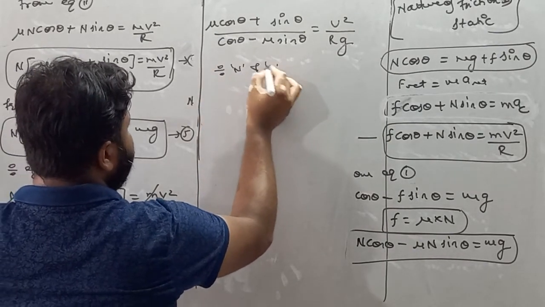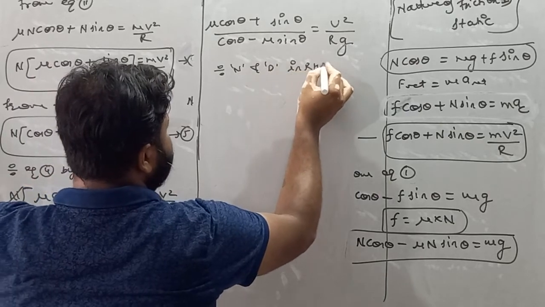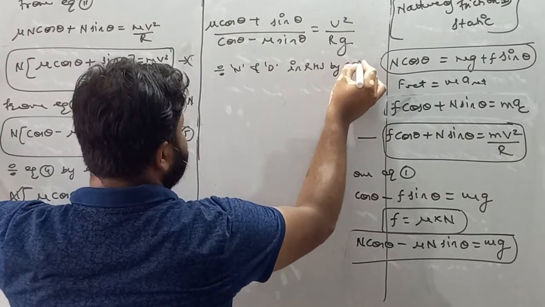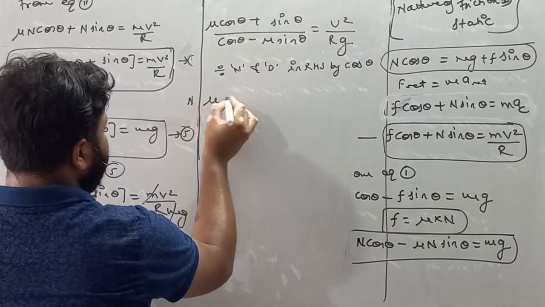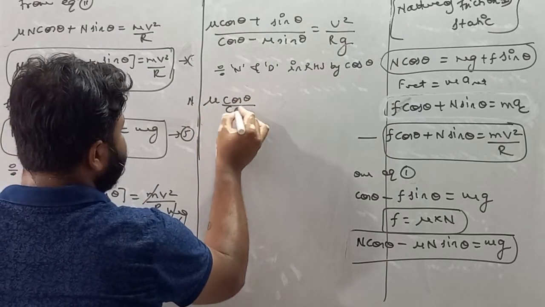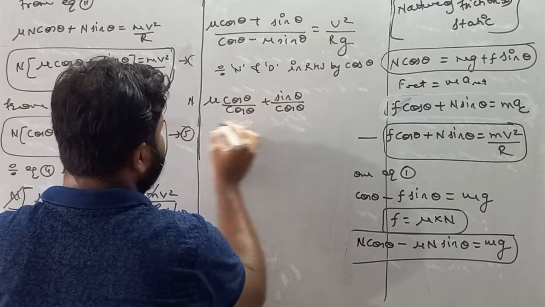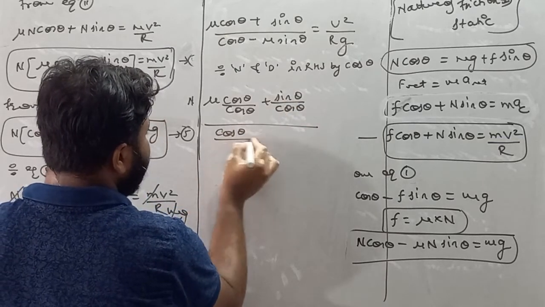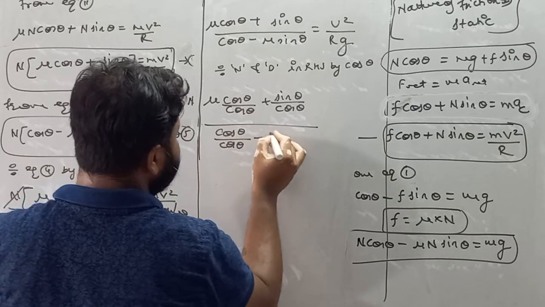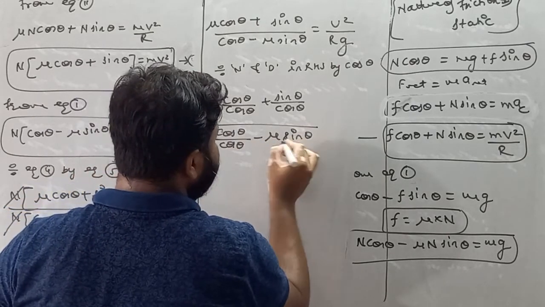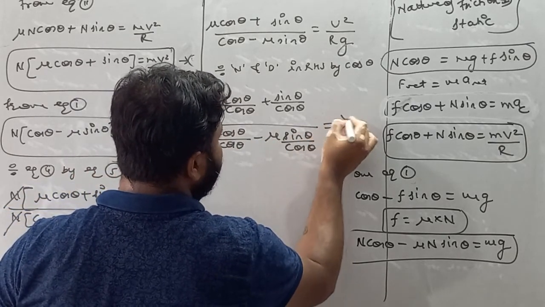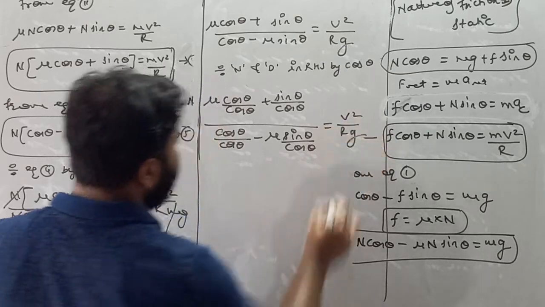So now I am dividing numerator and denominator on the left-hand side by cos theta. So we'll get mu cos theta by cos theta plus sin theta by cos theta, divided by cos theta by cos theta minus mu sin theta by cos theta, equals v square by rg.